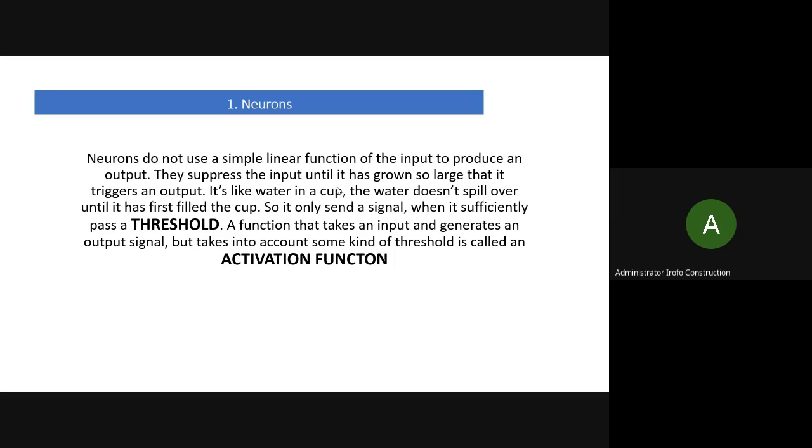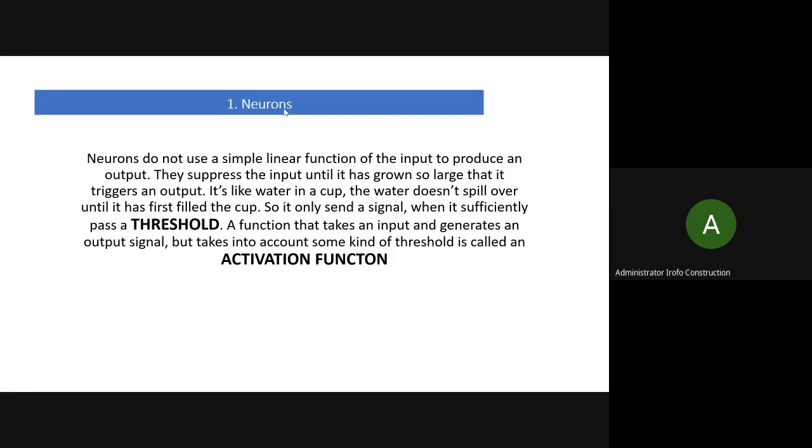So we're moving ahead. What I just said, the neurons do not use a simple linear function of the input to produce an output. A neuron receives an input or a signal and transfers that signal to another neuron, and that process is not just something very simple or linear.